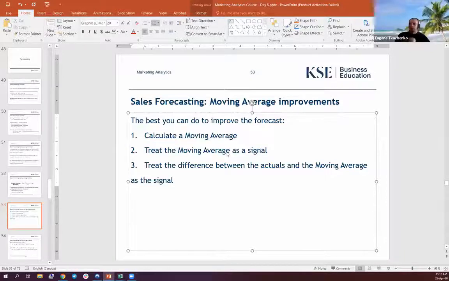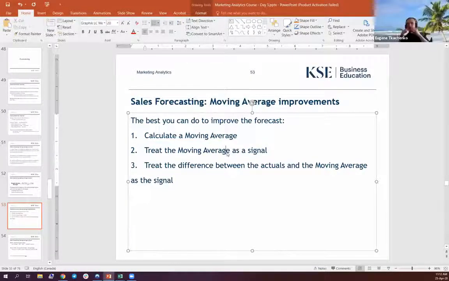So let's say that you built the forecast based on the moving average technique for year 1. After this year, you compare the actual results versus estimated results. And then on the second level, you build the moving average forecast again, but now you have the basis for comparison, the signals.